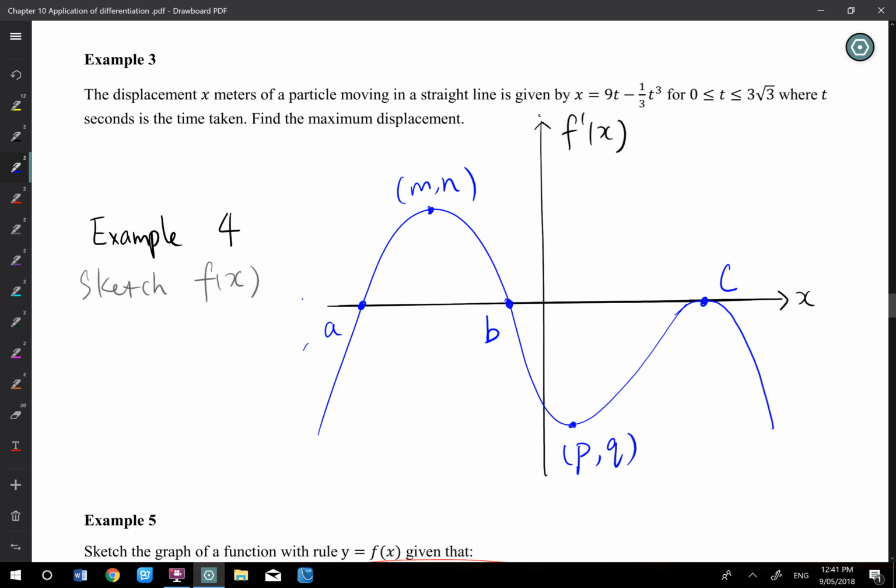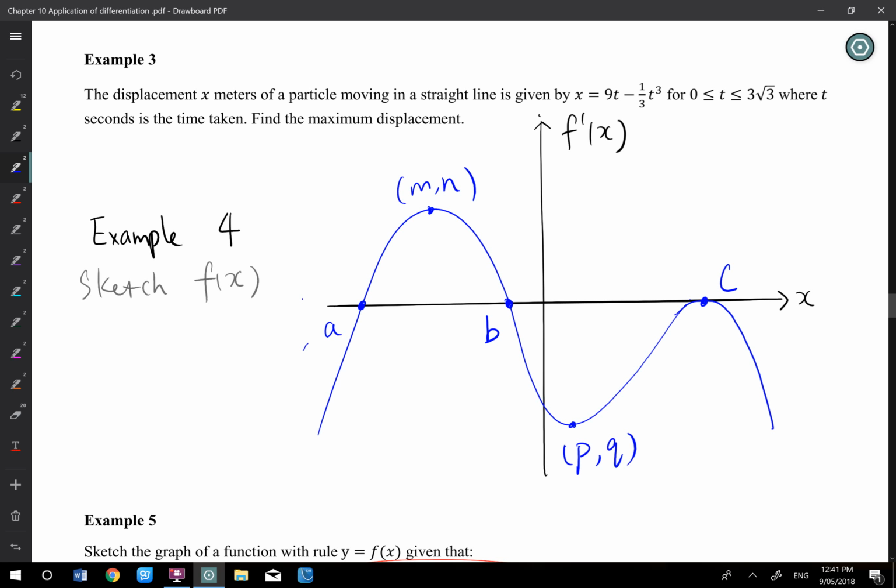Change another word: for some notation on this graph, what should be 0 to be a stationary point? Everyone wake up. So hard. Some notation on this diagram, what equals 0 will give you a stationary point?